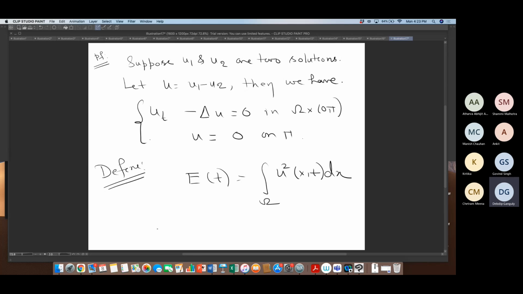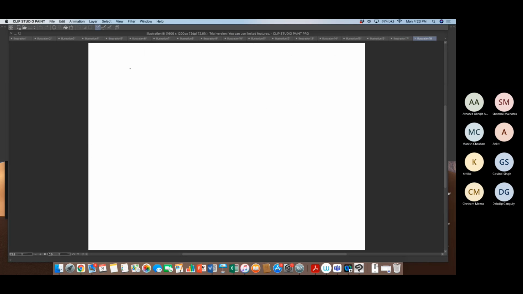So E prime t will be the integral over omega of 2u u_t dx. Now what will you do? u satisfies this equation, so what can I substitute for u_t? The Laplacian of u, exactly. So E prime t is equal to 2 times the integral over omega of u Laplacian u dx.